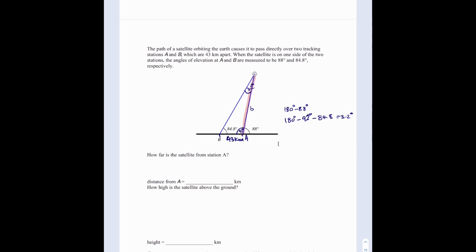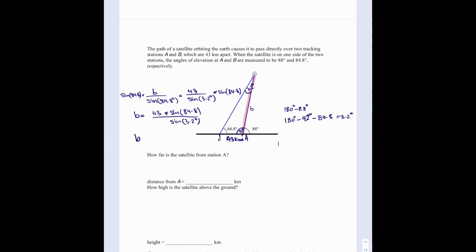I'm going to call this b because it's opposite to angle b. So I'm going to say that distance b over sine angle b, which is 84.8, is equal to distance 43 kilometers divided by sine of the opposite angle, which is 3.2 degrees. So b is equal to 43 times sine 84.8 divided by sine 3.2.